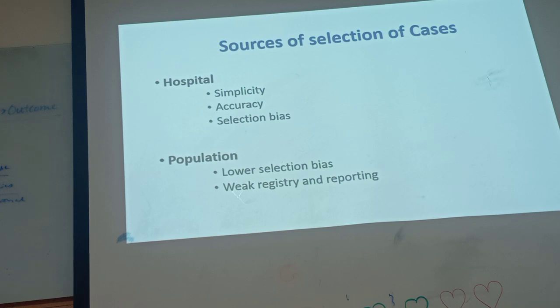So, if there is a registry, we may have this chance to select our cases from that registry. So, the risk of selection bias is lower in this case. For population-based cancer case control studies, the risk of selection bias is lower.